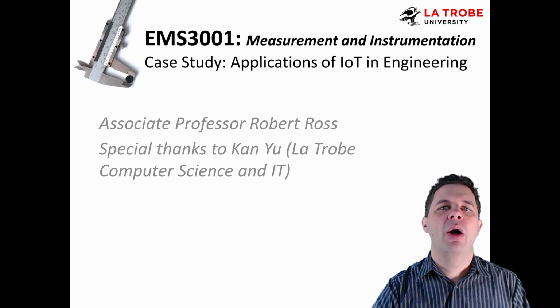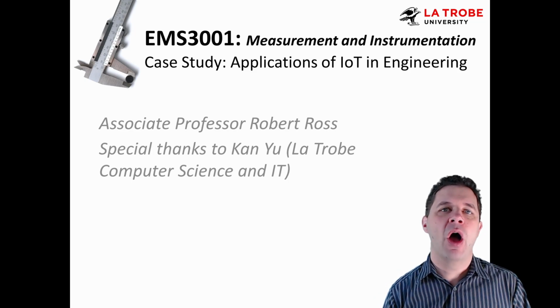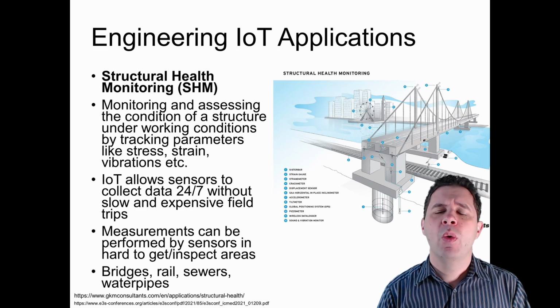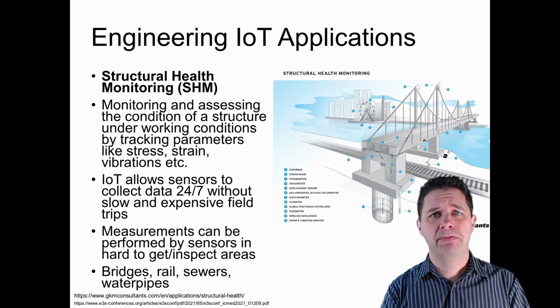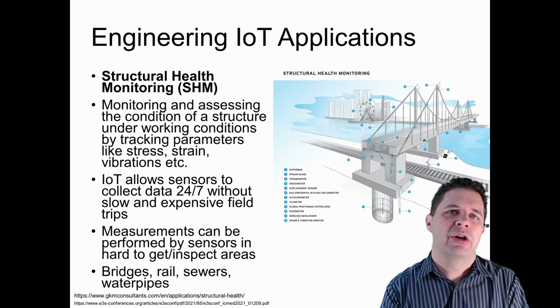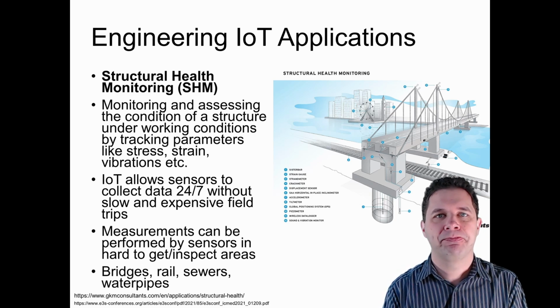In this video, we'll look at a whole lot of different application areas of IoT to engineering. One of the areas is what we call structural health monitoring, where we're looking at assets like bridges, buildings, roads, anything like that, and monitoring the condition of those structures under working conditions.